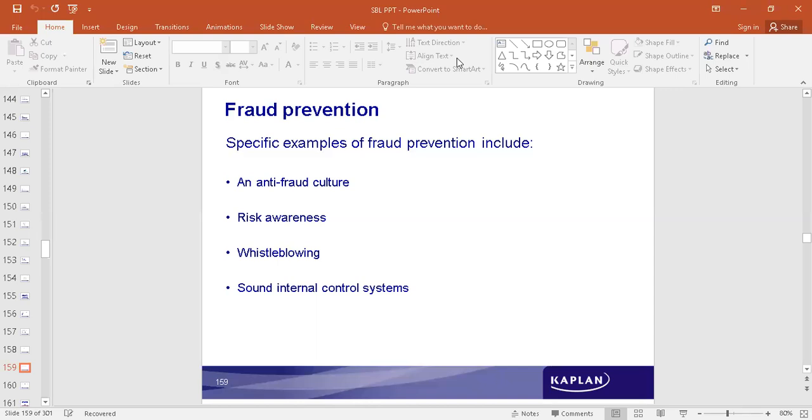Just because somebody is taking these measures, informing them about the anti-fraud culture or the possible risks, making them aware, it will not 100% prevent frauds from happening. That's human nature. Some way or the other, sometime or the other, they are prone to get tempted and be involved in fraud.